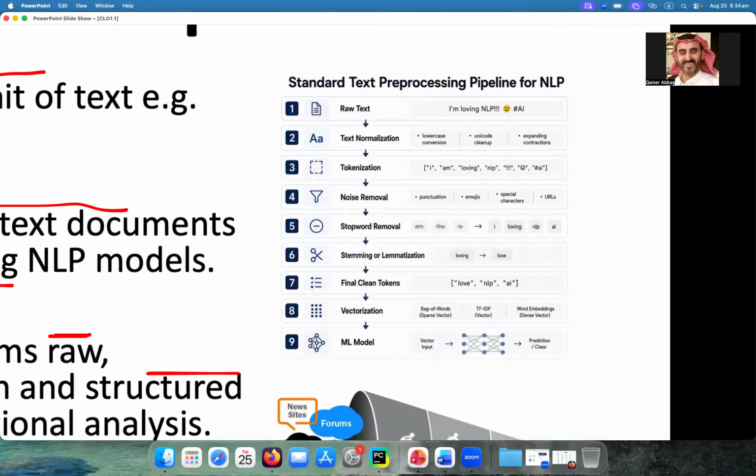LLMs normally do not deal with textual data. After the text processing, you convert it into vectors. That is a separate discussion, leave it. So you can ignore 7, 8, 9, but the other things are the steps of your text processing.